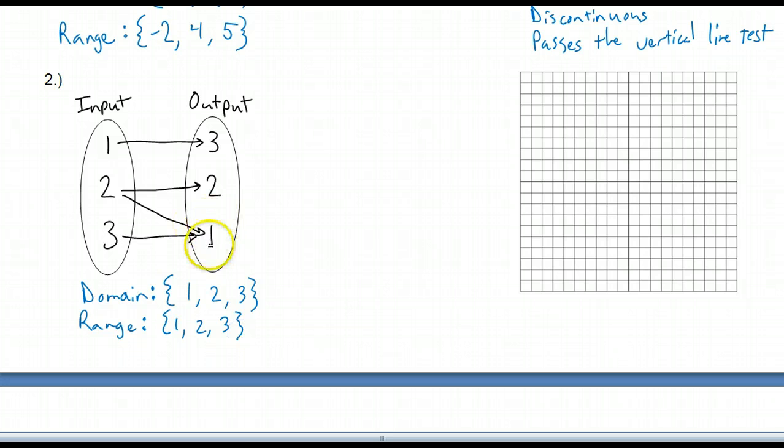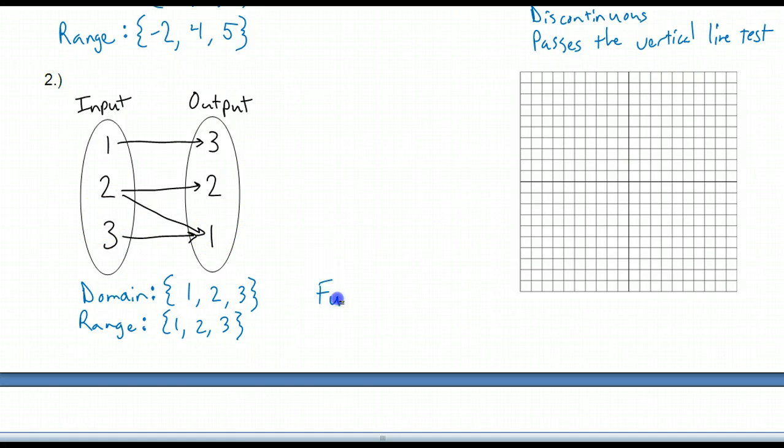I don't need to list this 1 twice in my range. I just need to list it once. Notice that my domain and my range are just sets of numbers. They don't tell me how the numbers map to each other. 1 doesn't line up with 1. 1 actually lines up with 3. That's what this mapping does.